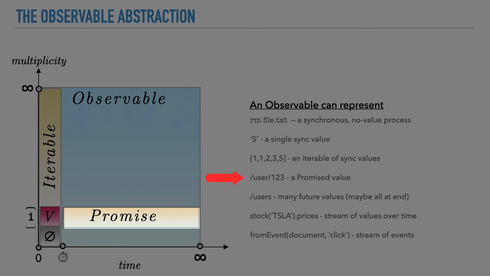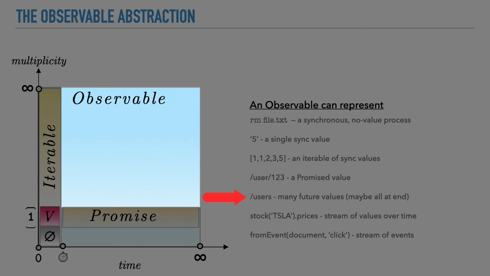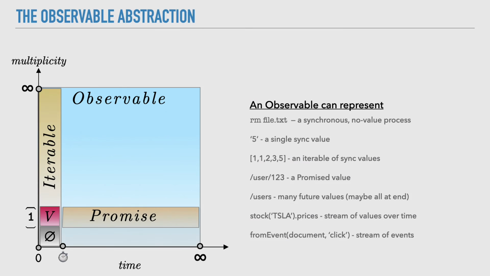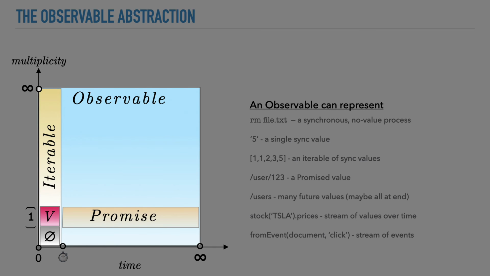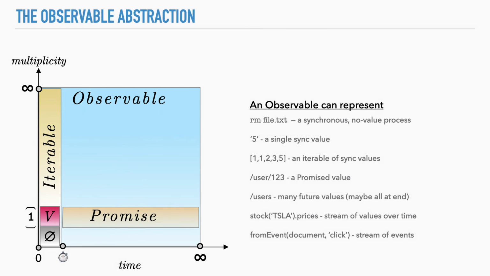An observable can represent the result of a single AJAX request, or many items separated by time, such as a stock ticker feed or a stream of user clicks. Observables are often referred to as streams, but now we see they can model any subset of a stream as well.